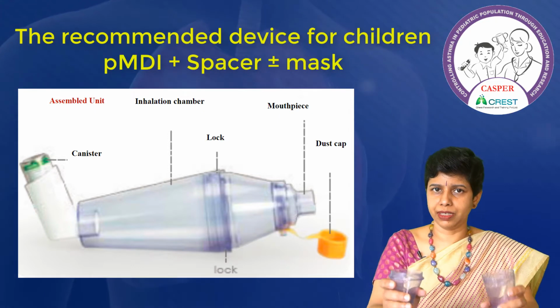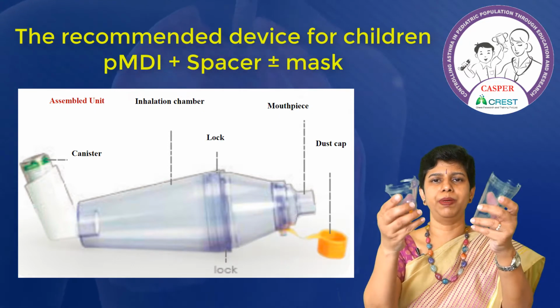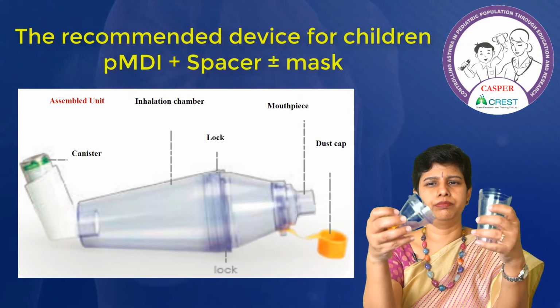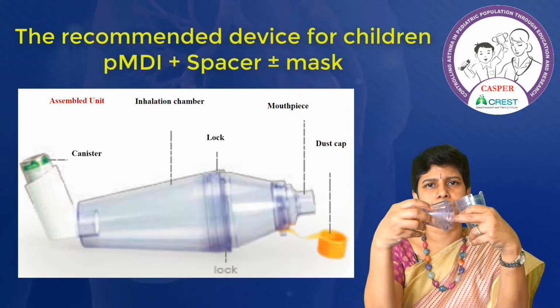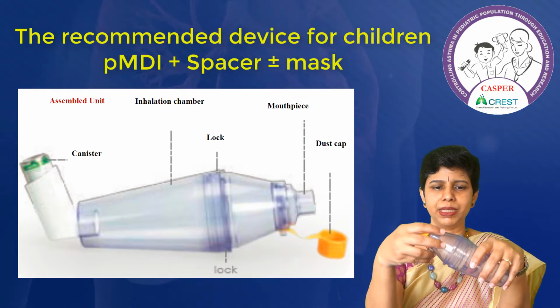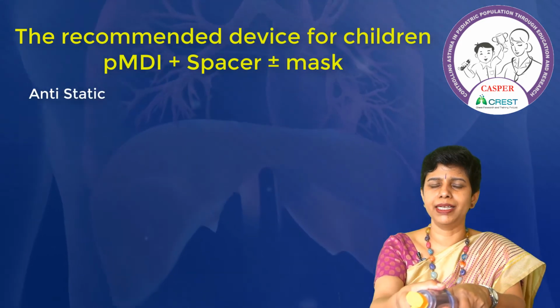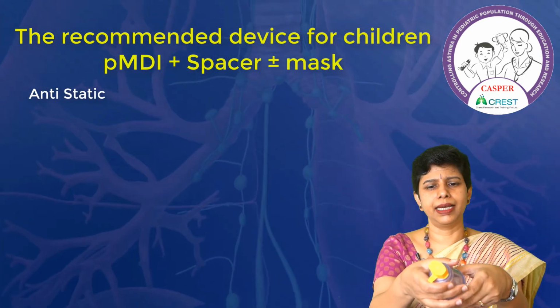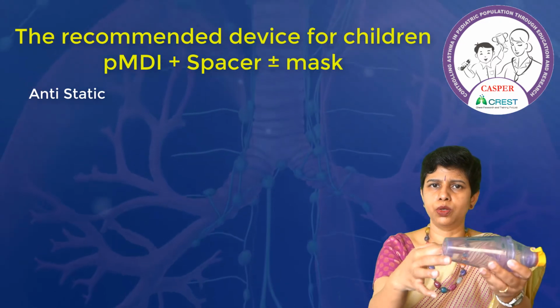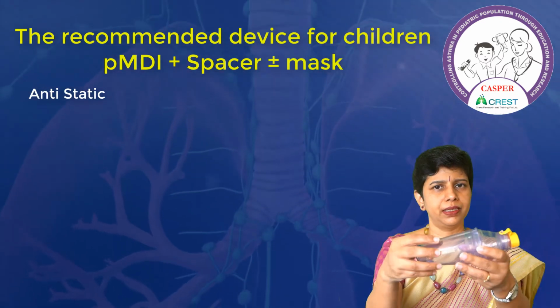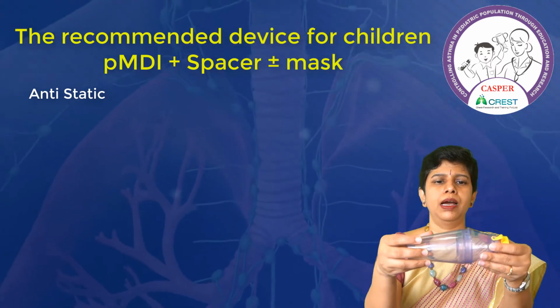most effective device. Now this spacer is a zero static spacer, so it is made of anti-static material. Preferably go for an anti-static material because otherwise the drug gets all attached onto the wall when we actuate the drug into the spacer.